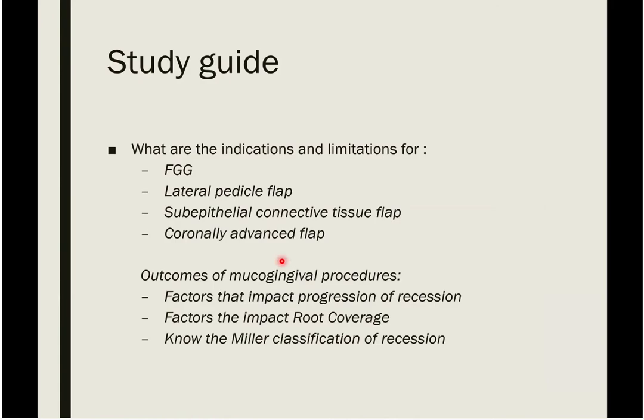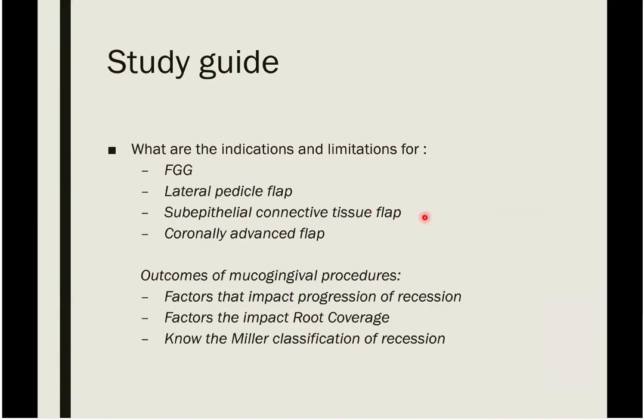Okay. Then I also wanted to cover, you want to review the indications and limitations for the mucogingival procedures. So we had the free gingival graft, lateral pedicle flaps, and I know that they were introduced to treat gingival recession, progressive gingival recession.